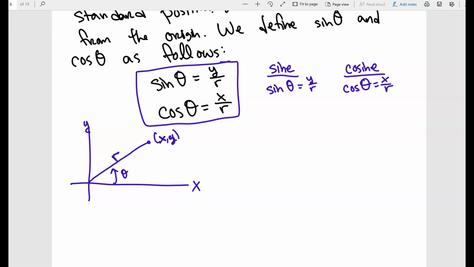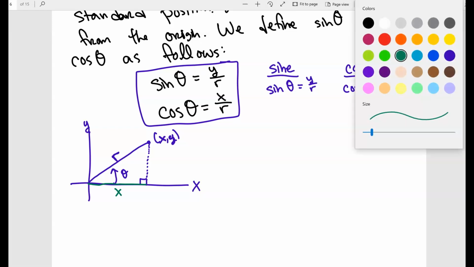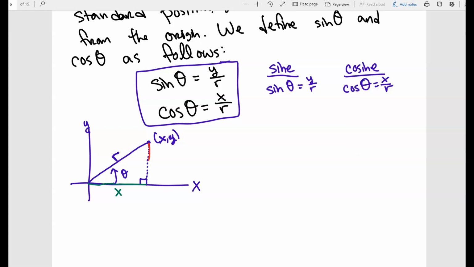So if I were to draw a little triangle down here, 90 degrees, we know that this whole side right here is going to be my x value because it's on the x-axis. So this side is going to be x, and this side over here is going to be my y, okay? So you can imagine that r here is just going to be the Pythagorean theorem.